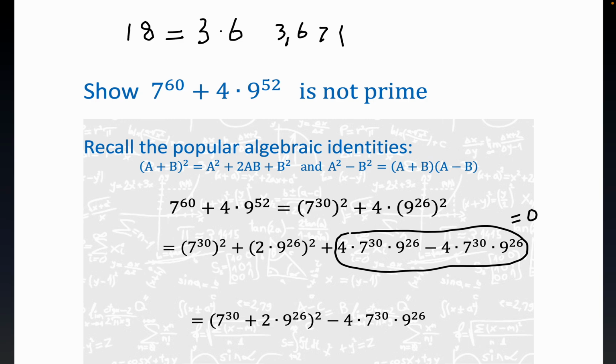Now, why did we do that? Well, it's kind of like looking into your crystal ball, but you'll notice that this expression right beneath it is in the form a plus b, and of course, quantity squared. I'll go ahead and put that in there: a plus b quantity squared.